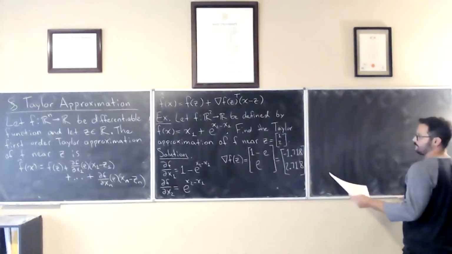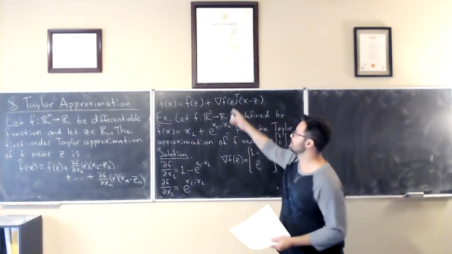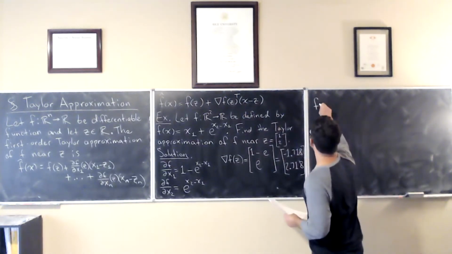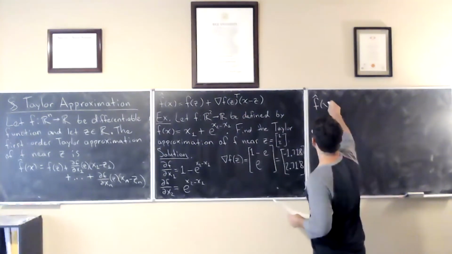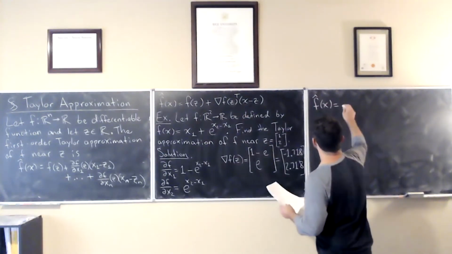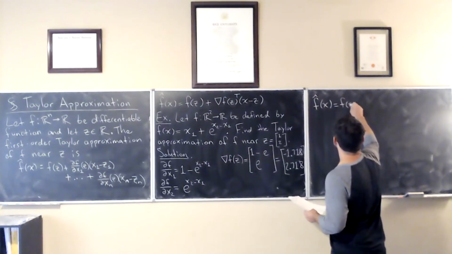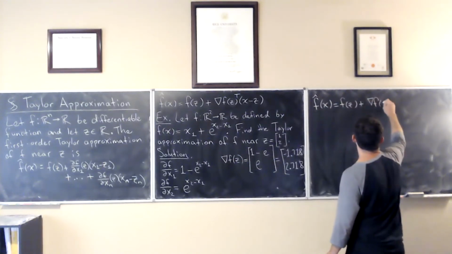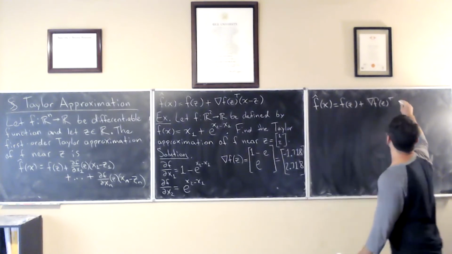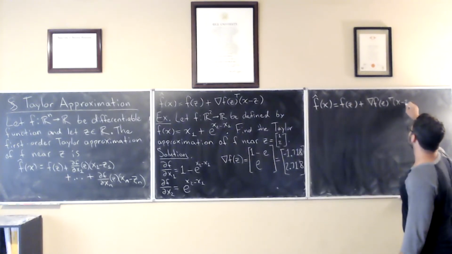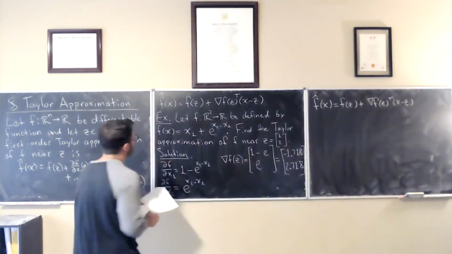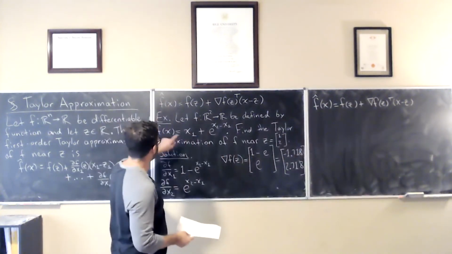So then the first order Taylor approximation is going to be the function f hat of x equals f of z plus gradient at z times x minus z. So what's f of z? So f is here.